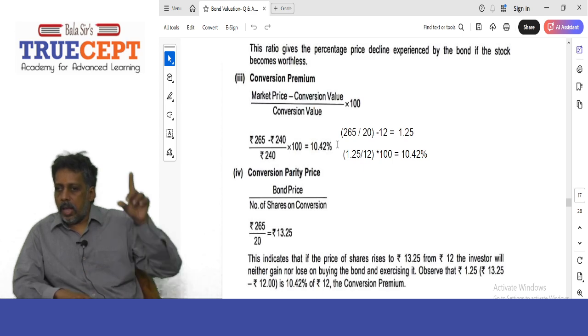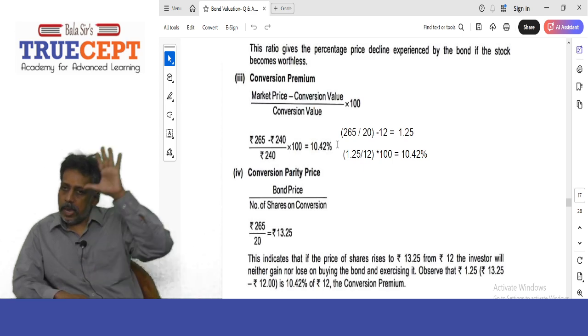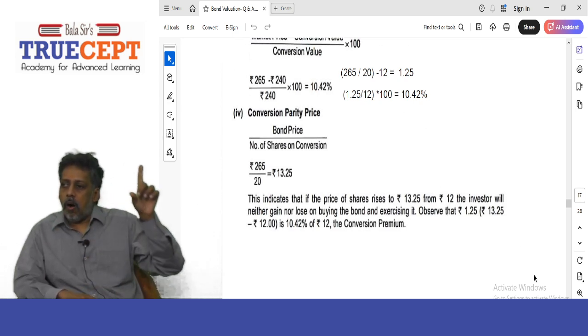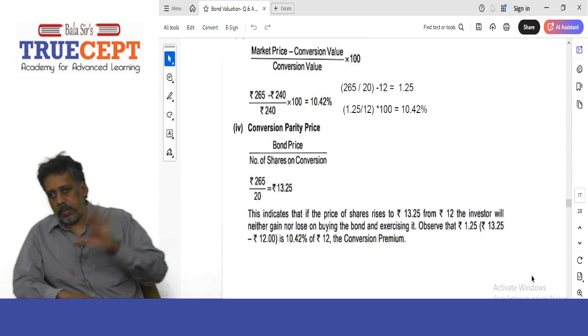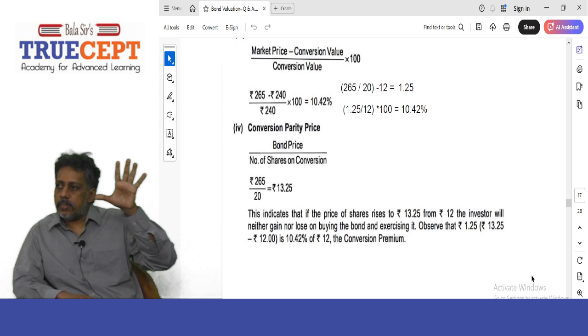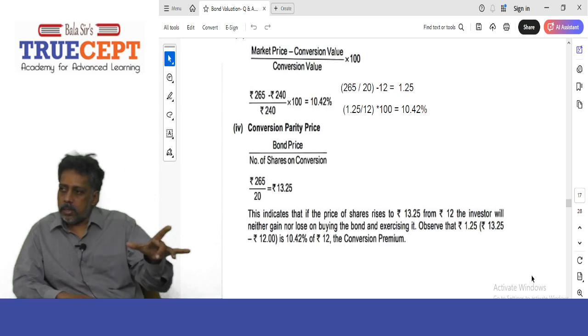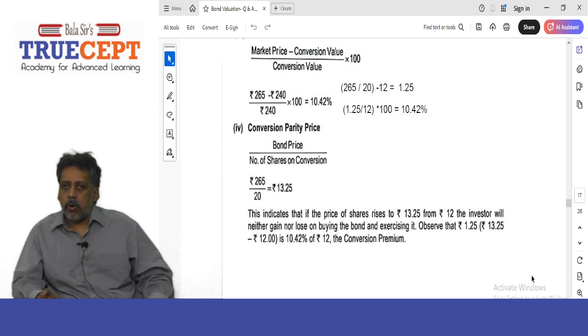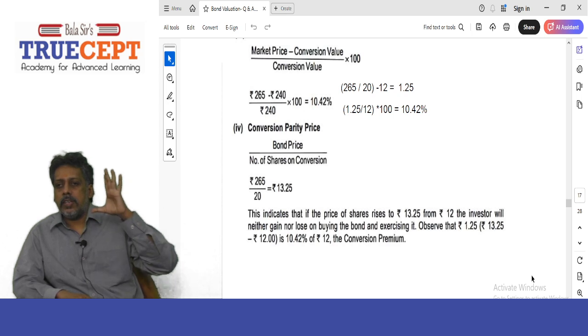And for the last subdivision, the same as the previous exam, find the conversion parity price, also known as the market conversion price. It's all the same. Divide 265, the price of the bond, by the conversion ratio, 20 shares, rupees 13.25.